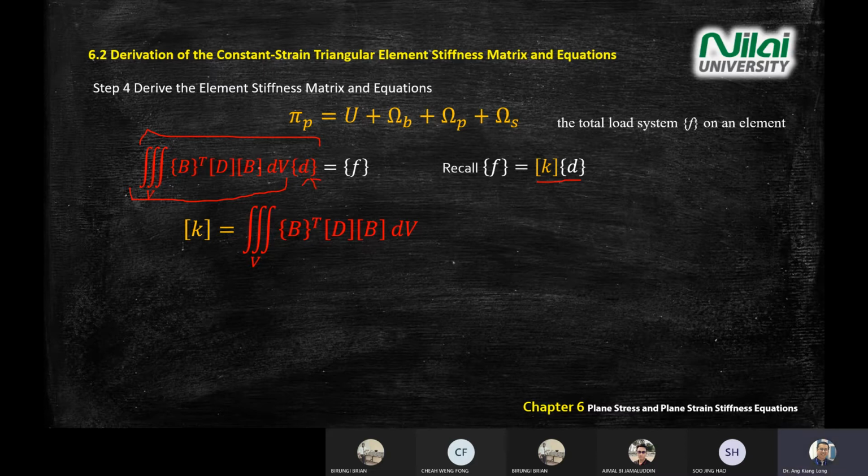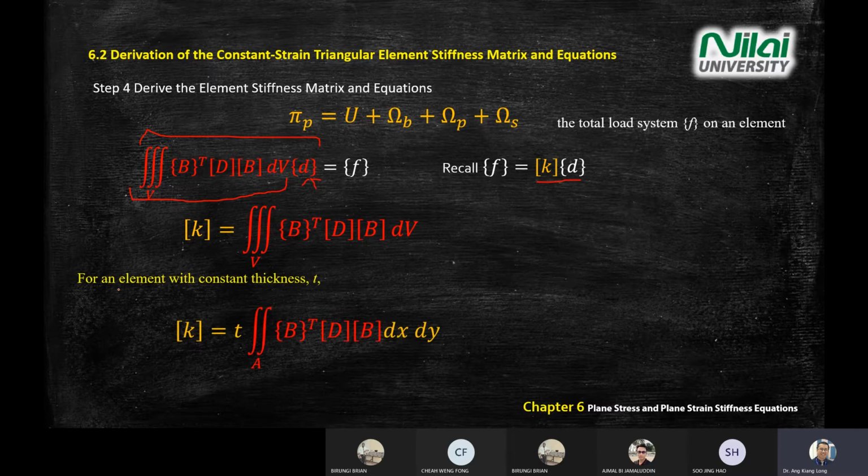So the remaining one is your K. So this is our focus for the first session of our lecture. So our K equal to triple integration to get the volume of B transpose D B. So we already know what is our B. We already know how to find our B. We already know how to find our D, and the triple integration of our three axes to get our volume.